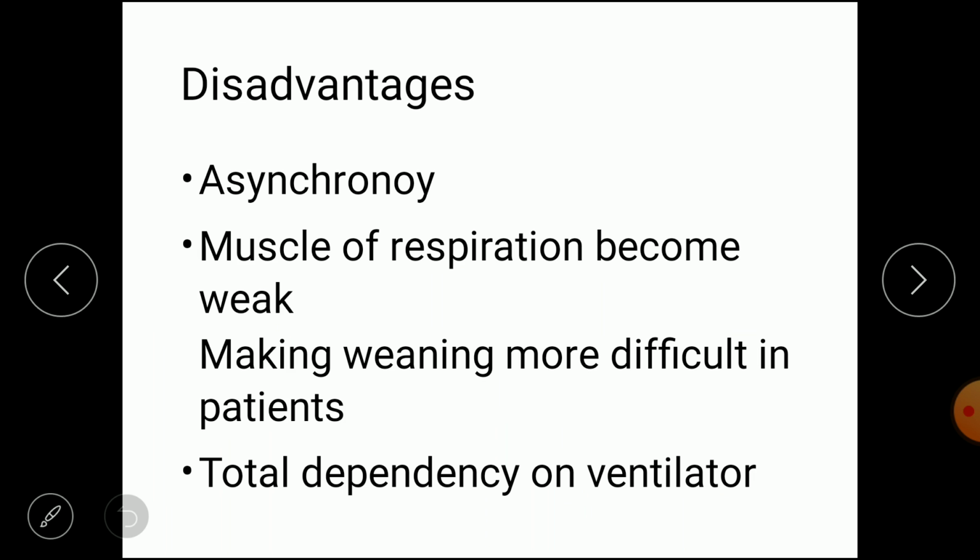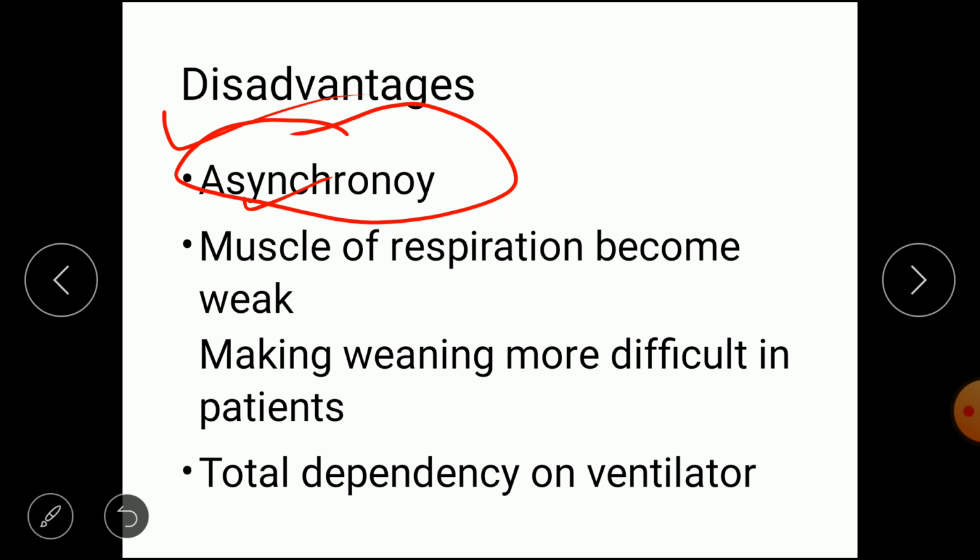Next, what are the disadvantages of this mode? That is asynchrony. Generally synchrony means together. Synchrony means any machine or any object works together with another object. But asynchrony means that in CMV mode the machine cannot synchronize with the patient's ventilation.